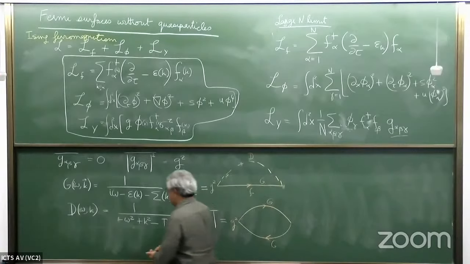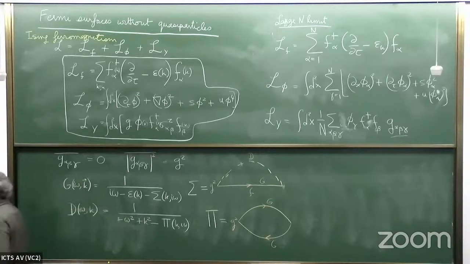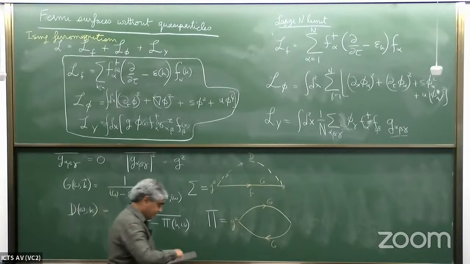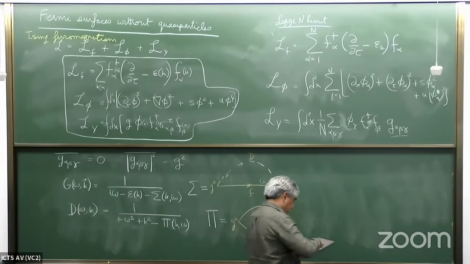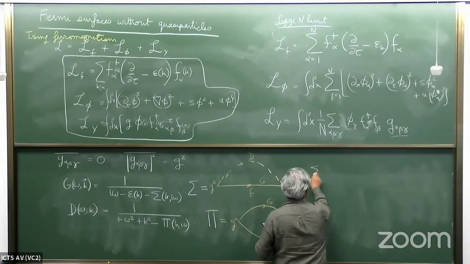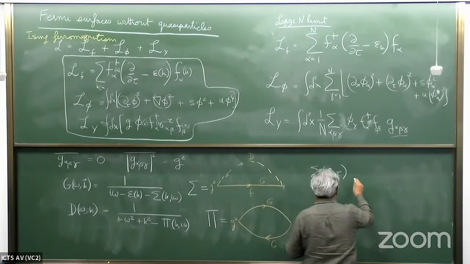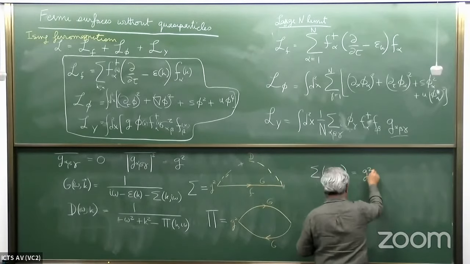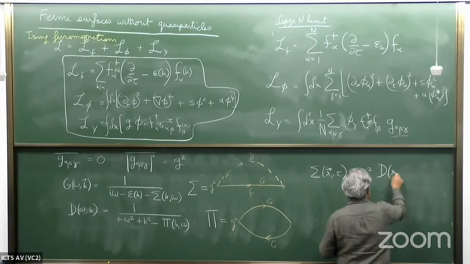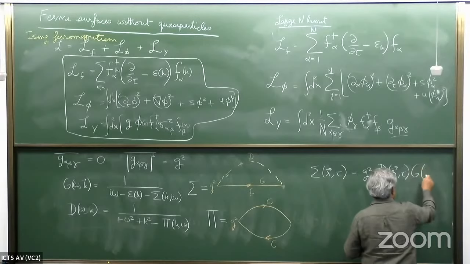So if you write it out more explicitly, this is again, just like the SYK equations, much easier to write out in position space, which is what I'll do. And then you can take a Fourier transform as needed. So in position space, this tells you that sigma of r and tau is equal to G squared times D of r and tau after the Fourier transform times G of r and tau.